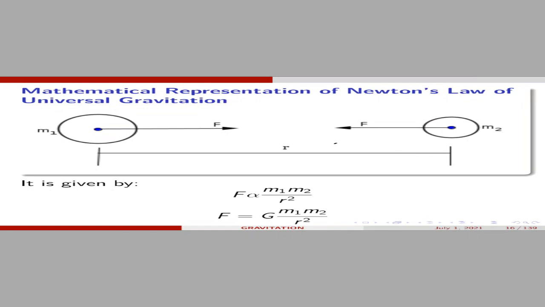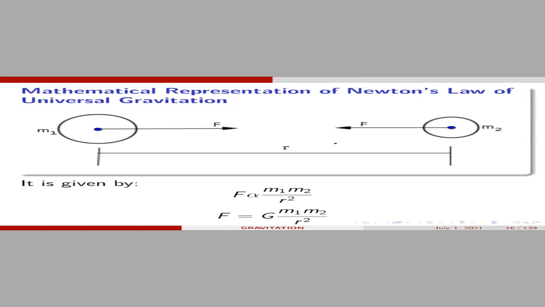It is proportional, which means that when the masses are greater, the gravitational pull between them is also greater, and inversely proportional to the square of their distance. That is, when they are far separated, the force becomes weak. That is the meaning of the law.